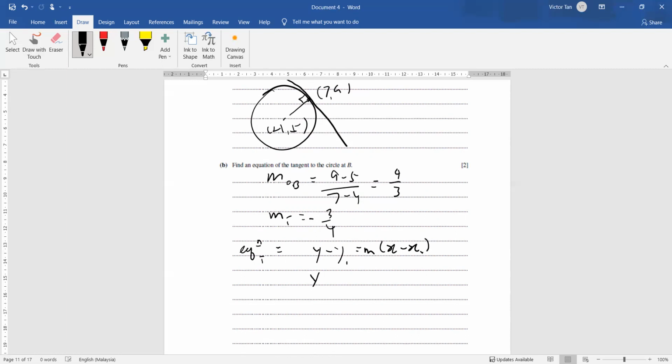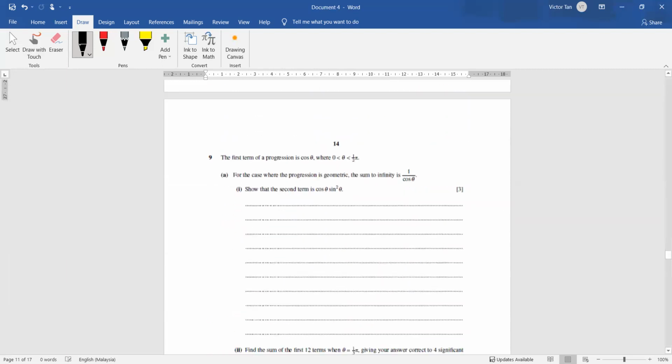So this is the point B, y minus 9 equals minus 3 over 4 times x minus 7. So you have it, y equals minus 3 over 4 x plus 21 over 4 plus 9. 21 plus 36 is 57. You have it. That's the solution.